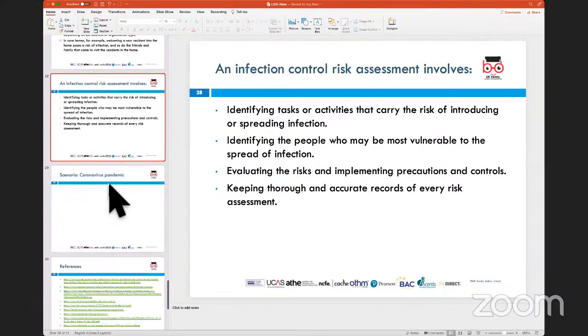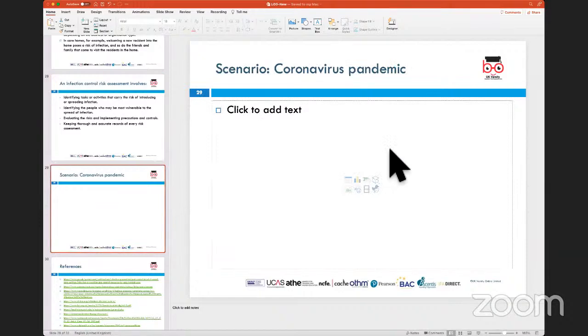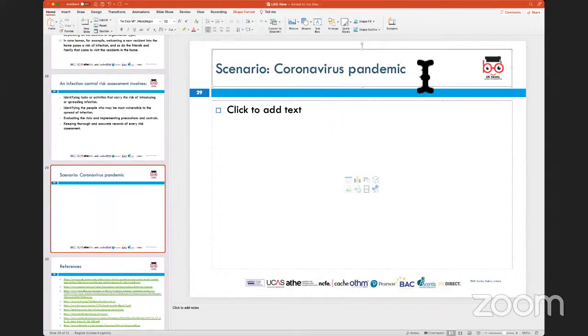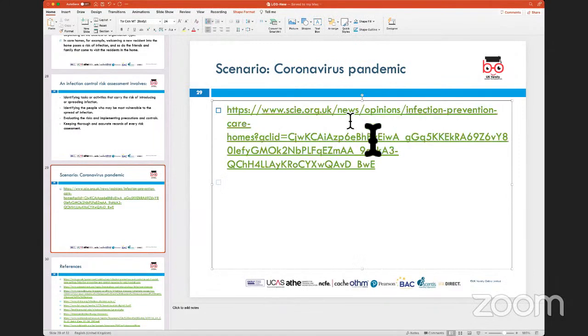So here, I would suggest that you read a particular article that I'm going to make available, which is on a scenario of the COVID pandemic or the coronavirus pandemic, and in the context of reading that article from the point of view of a care home, is what I would suggest you look at summarizing.